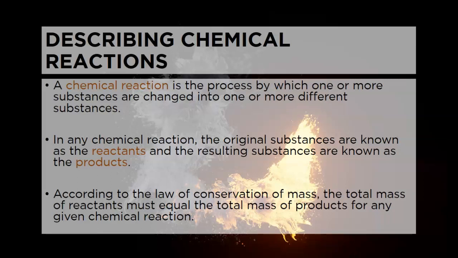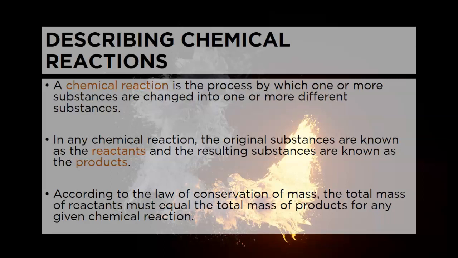So what is a chemical reaction? A chemical reaction is the process where one substance is changed into a different substance. We did a whole lab on this at the beginning of the year with physical versus chemical changes. Some things, like when we melt wax, it's still wax, or if I boil water, it's still water when it goes through that process, because when it condenses it becomes water again.